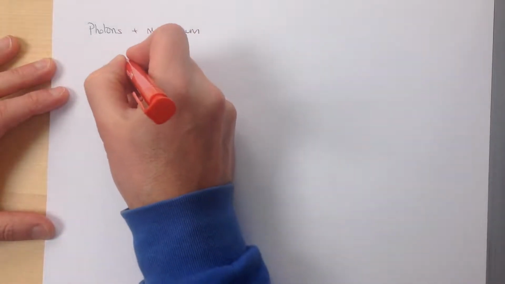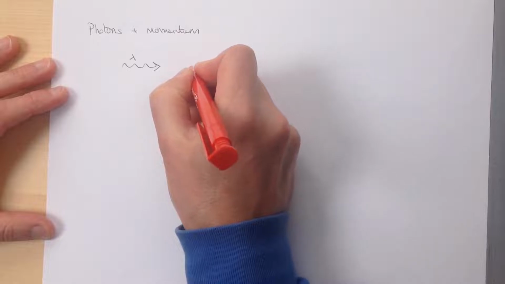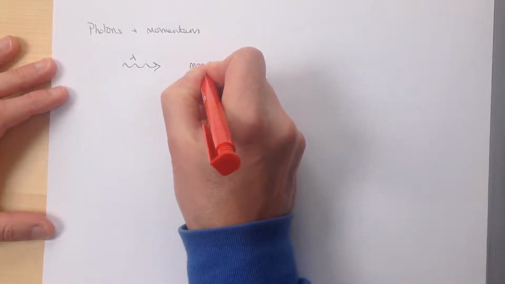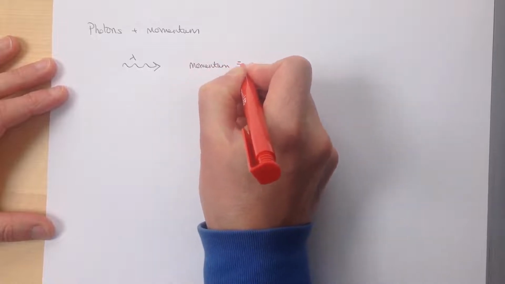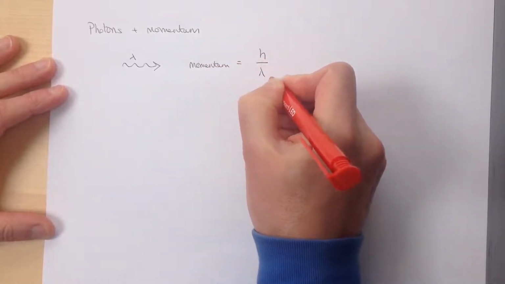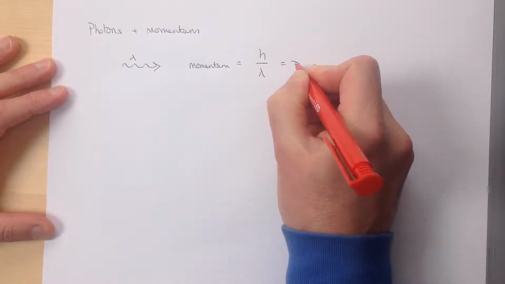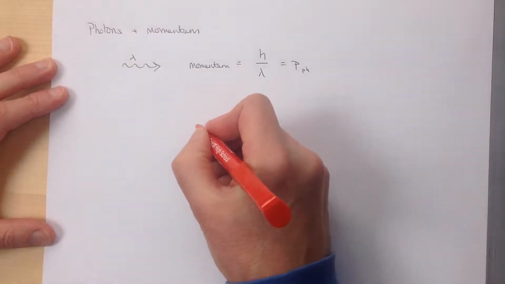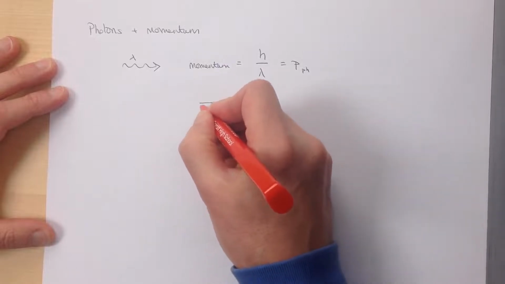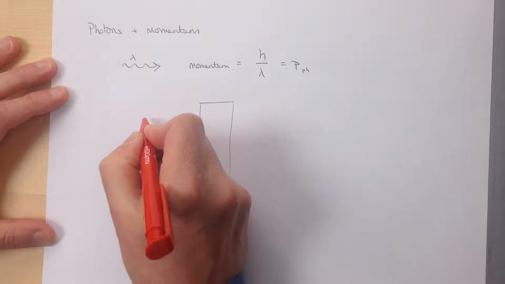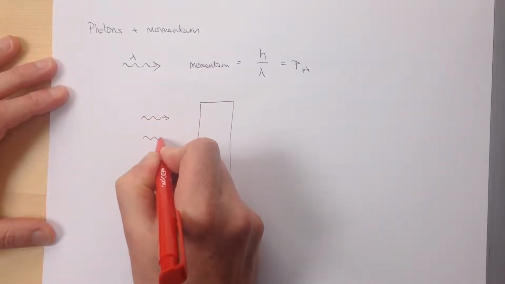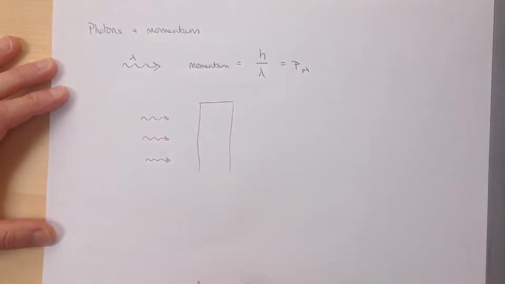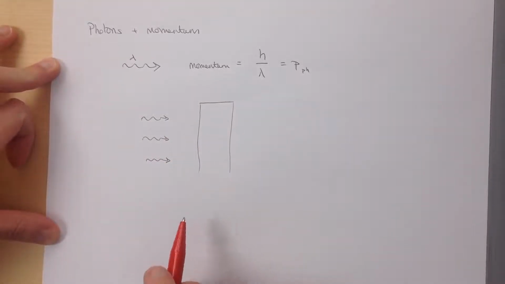And so, because we know the wavelength, people came up with the idea that the momentum of a photon is given by h divided by lambda. And I might call that little p with a ph on it. Now that's important because if we've got something like a satellite with a solar panel on it, and it's being hit by these photons, and they have got momentum, this is going to be affected in some way.